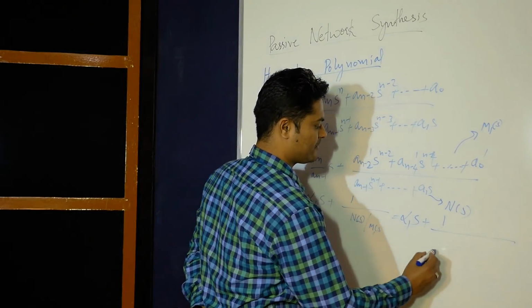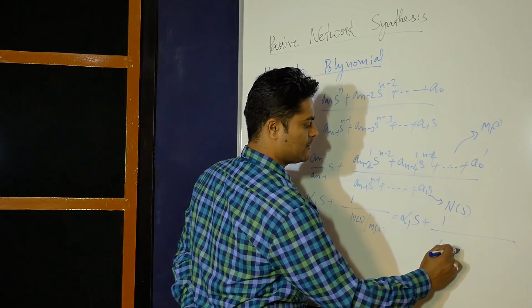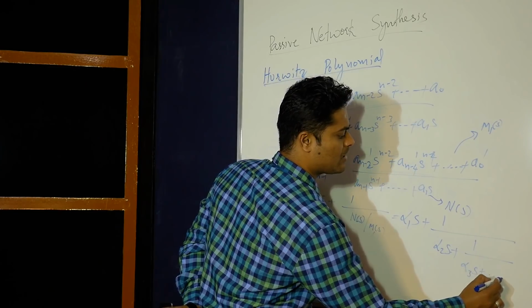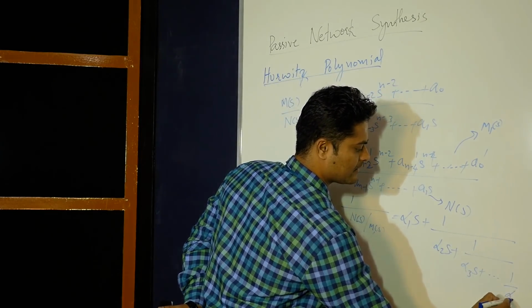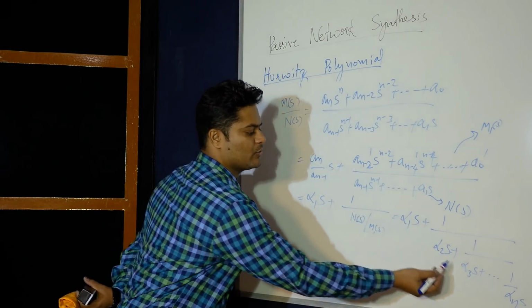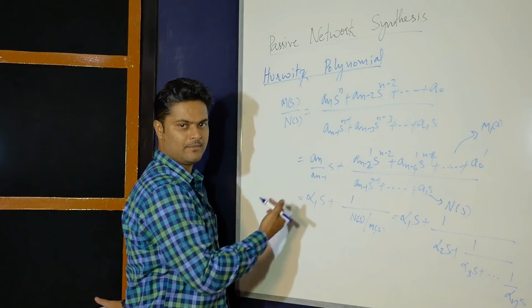So this will be like 1 by alpha 2 s plus 1 by alpha 3 s, so on till the nth element will be alpha n. Yes, correct. These are the quotients. We will see how we can identify them as quotients in a problem.